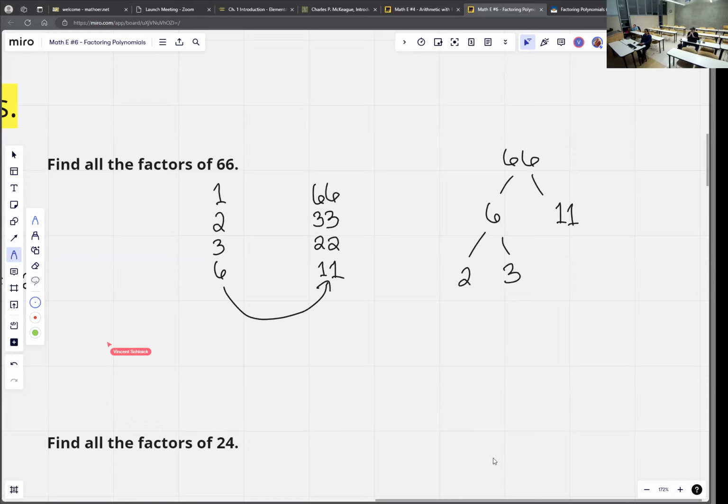And if you know how to use factor trees, then you're going to circle all of the leaves, and you're going to wind up making a multiplication sentence involving prime numbers. Does that look familiar for factor trees?